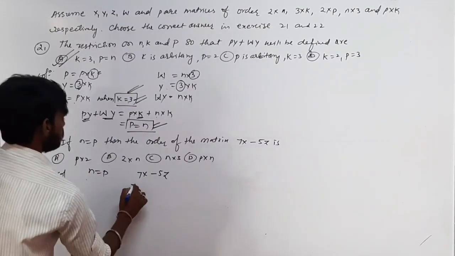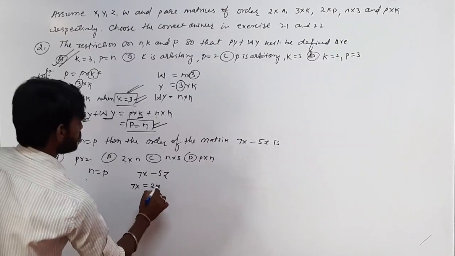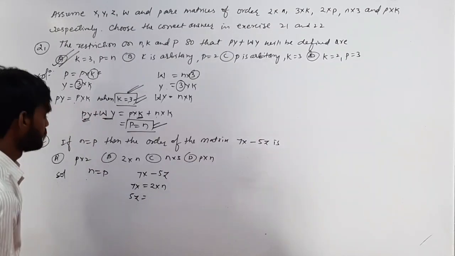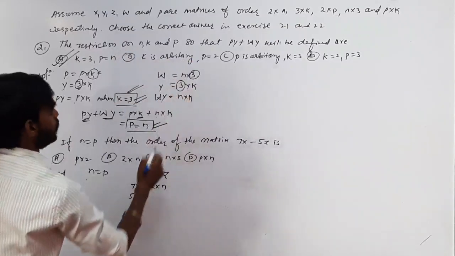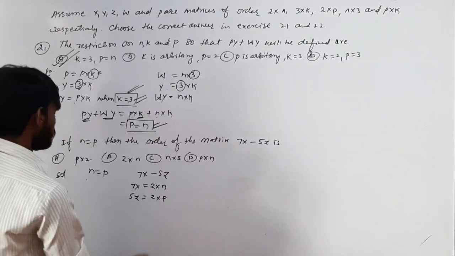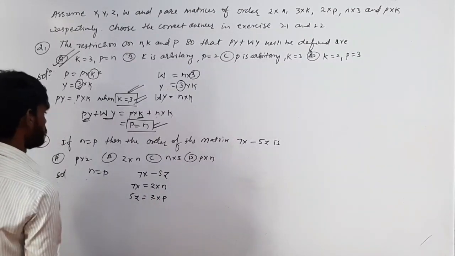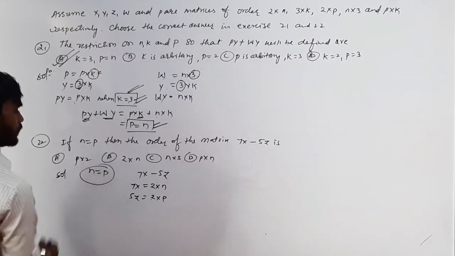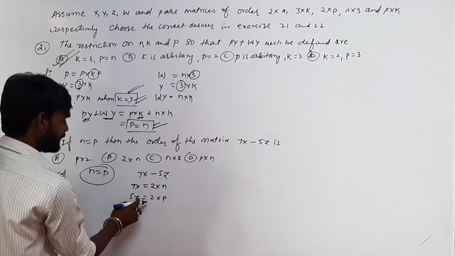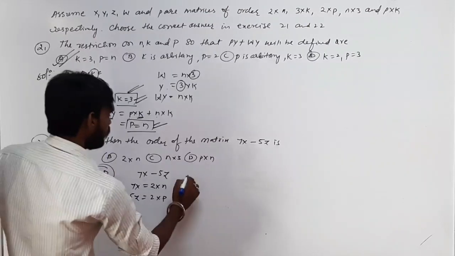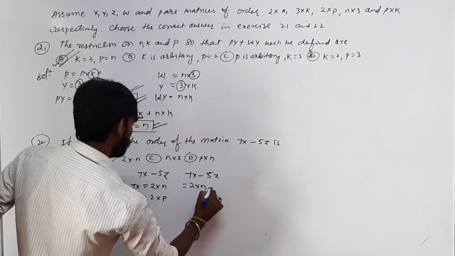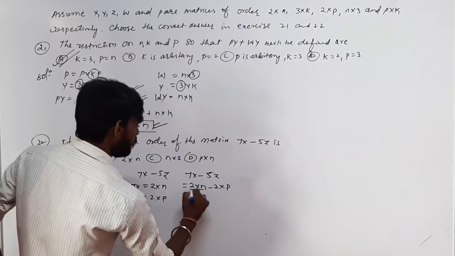X matrix order is 2 cross N, and 7 into X is 2 cross N. Then 5Z, Z matrix order will be 2 cross P. Then when we have to subtract, N is equal to P, we already have. So 7X is 2 cross N minus 2 cross P. These two matrix orders will be the same.